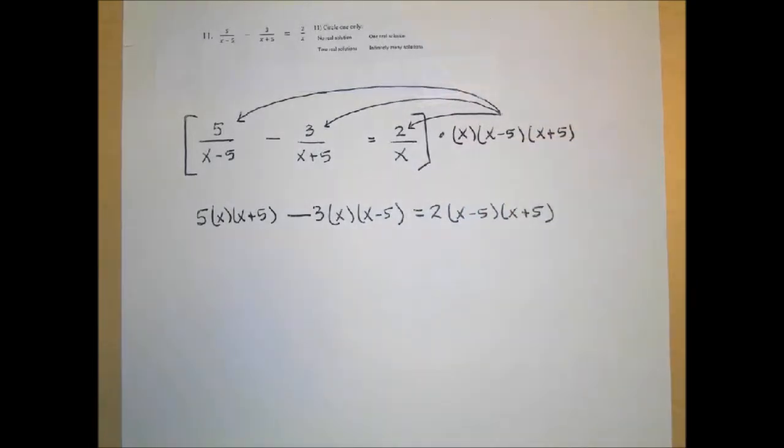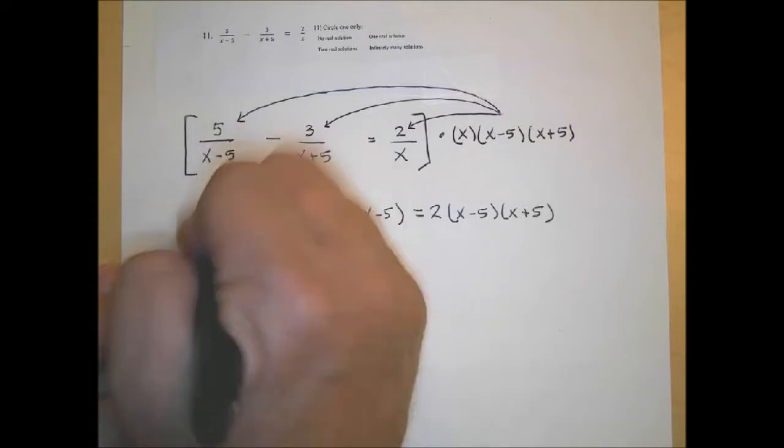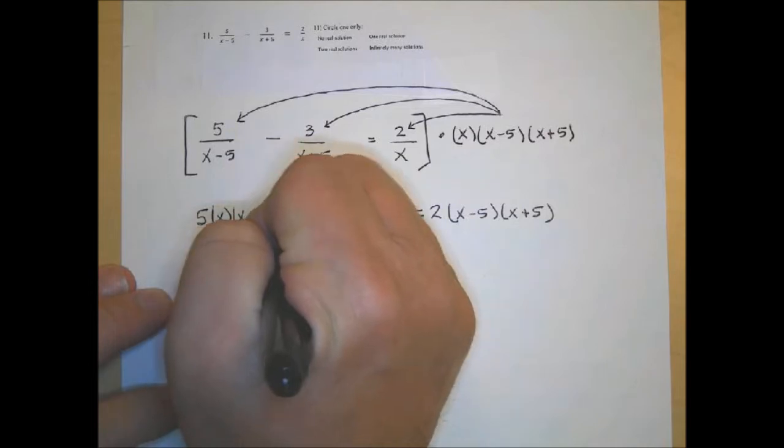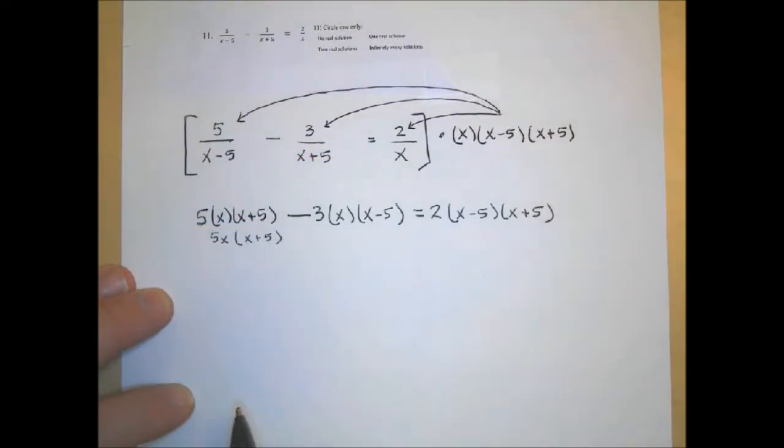We've eliminated the denominators. We've gotten rid of the fractions. Now the next thing is just working out this mess right here. Now this 5 times x can be thought of as 5x times x plus 5.